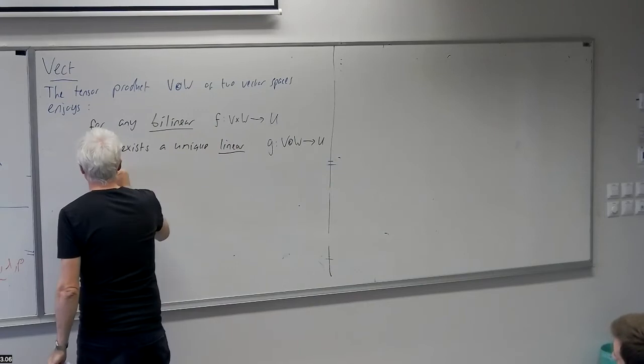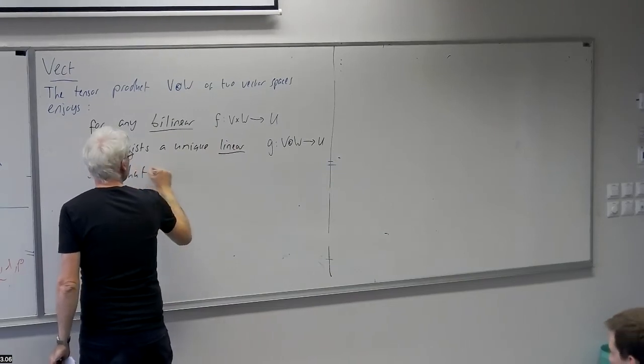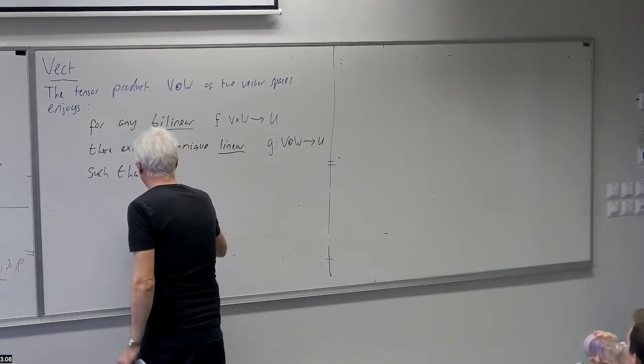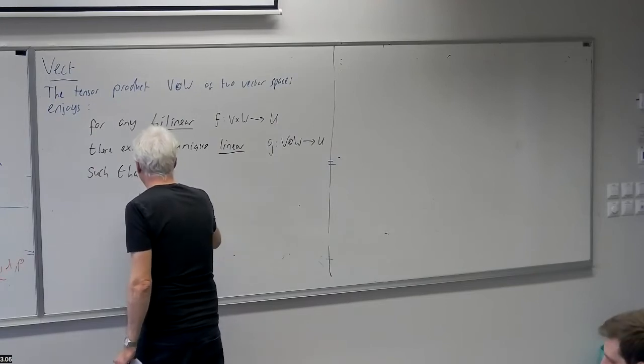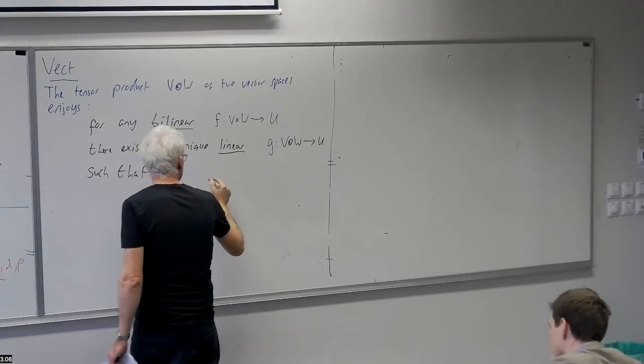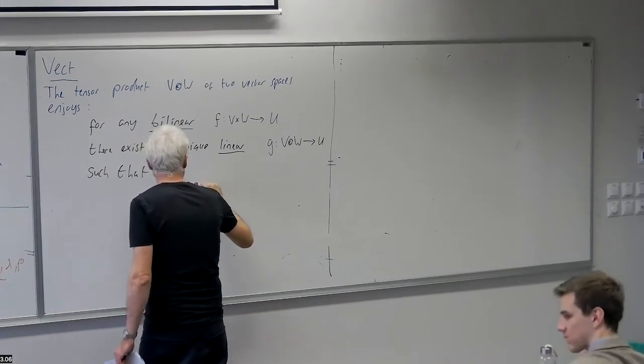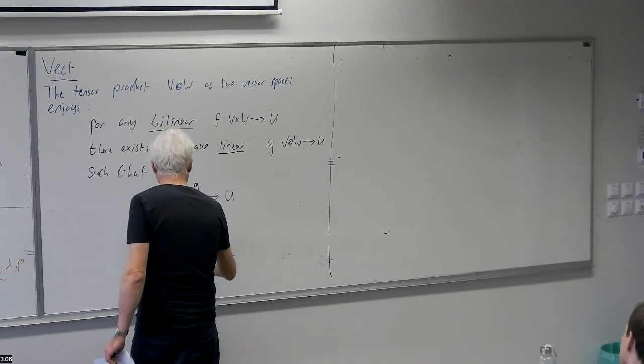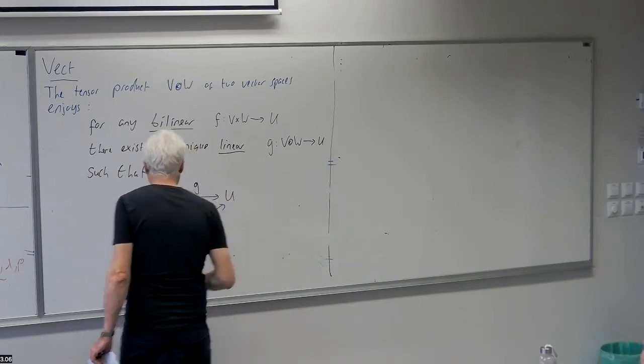So we've got V times W, the tensor product V tensor W, the G map goes to U, and here we've got F, the bilinear map.